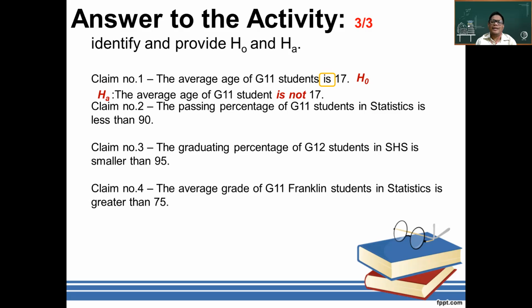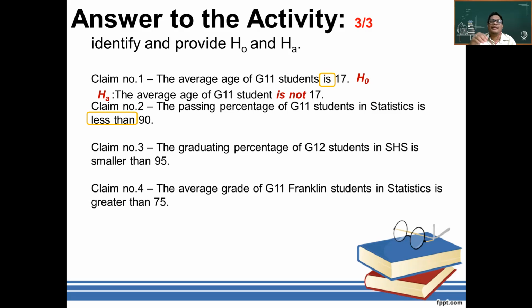So again, let's check the words being used in this one. The parameters are the passing percentage and the grade 11 students. What is the value? It is less than 90. What are the words being used for the parameters? It is the words less than. Less than means going down.